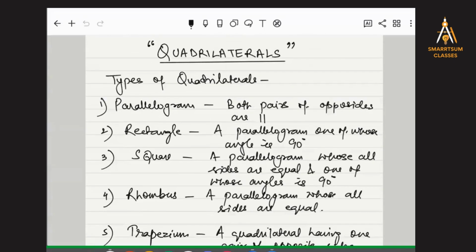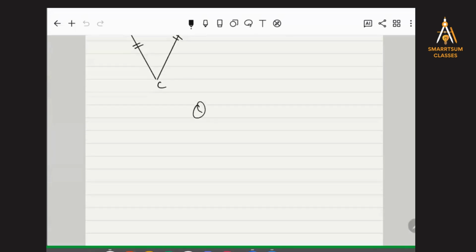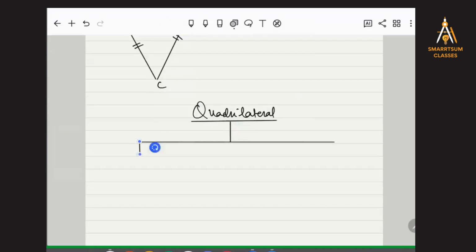So now, if we summarize this as a whole, right? So what can we summarize? Quadrilateral can be of two types only. There are only two broad categories of quadrilateral, right?